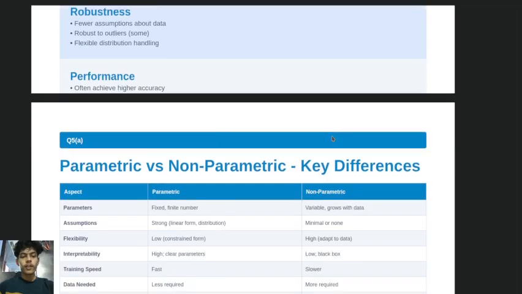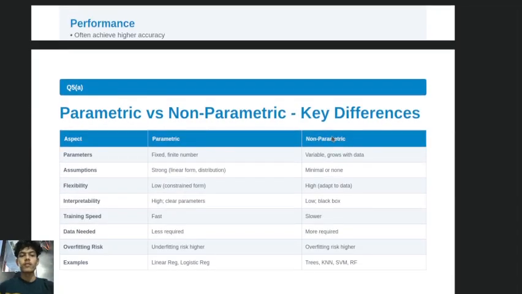The differences between parametric and non-parametric are these. Parameters: parametric have a fixed finite number, non-parametric a variable number that grows with data. Parametric assumption is strong, non-parametric is minimal or none. The flexibility of parametric is low while non-parametric is high.